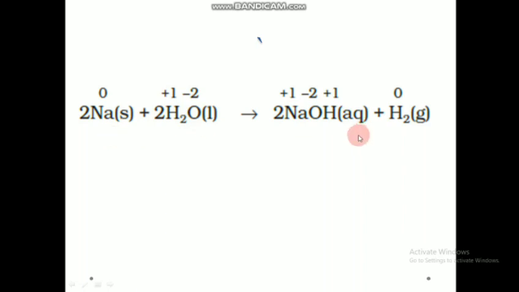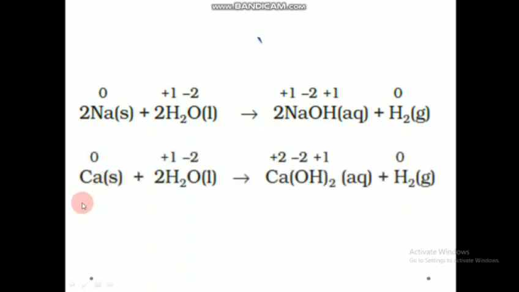So we can tell it's a non-metal displacement because a metal, sodium, is displacing the position of a non-metal here. The non-metal hydrogen is displaced or substituted by the metal. That's why we call it a non-metal displacement reaction and also a redox reaction. Another example, calcium plus H2O gives Ca(OH)2 and H2.